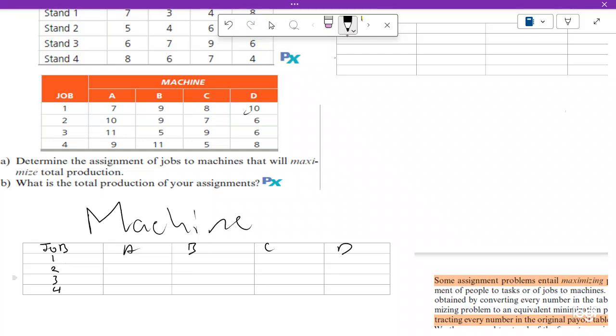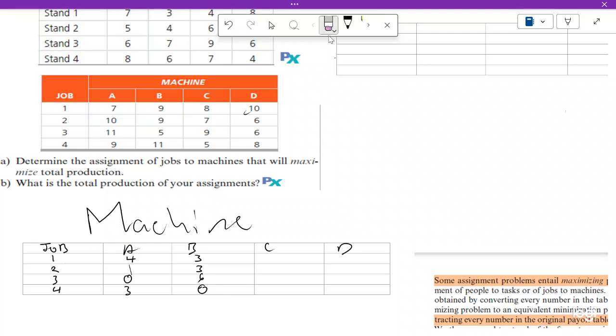Right? 11 minus 11, 0. 11 minus 11 here, 0. Then 11 minus 7, 4. 11 minus 10, 1. 11 minus 9, 2.